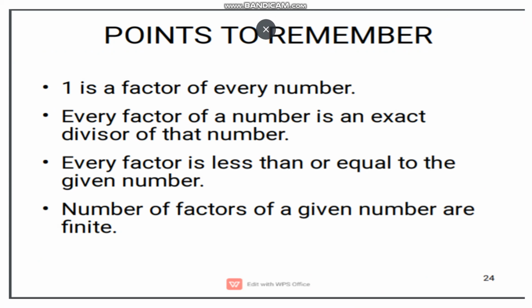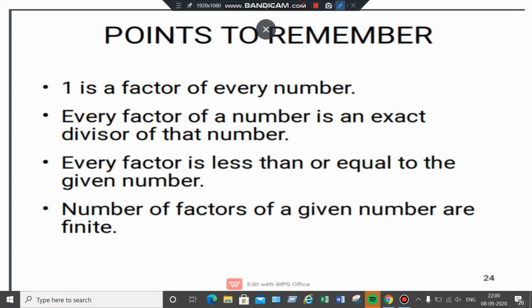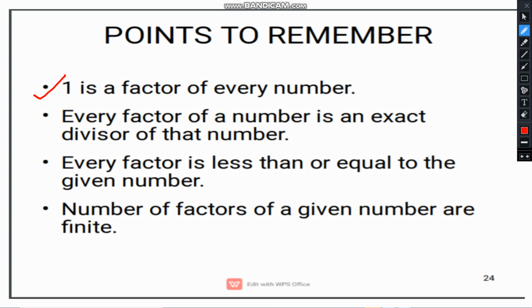Now some important points to remember. First point is that 1 is a factor of every number. As I had said, 1 is a factor of every number. Second point is every factor of a number is an exact divisor of that number. मतलब वो नंबर उससे completely divisible हो जाना चाहिए and there should be no remainder.